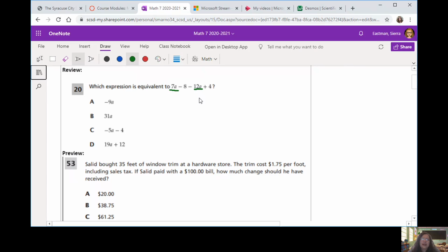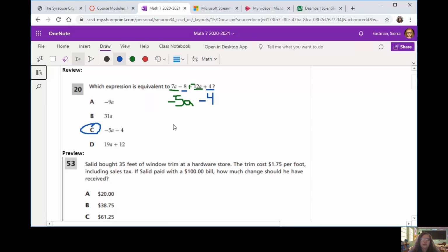So I know that I can combine those. 7a plus a negative 12a should give me a negative 5a. And then I'm combining my negative 8 and a positive 4. That should leave me with a negative 4. And we see our answer choice right here.